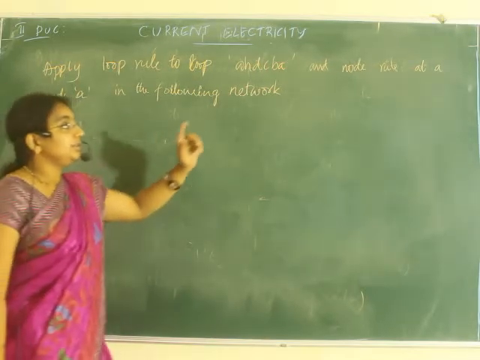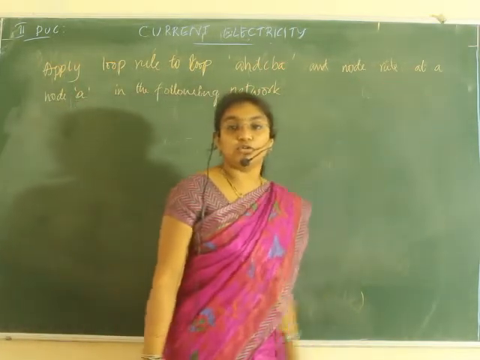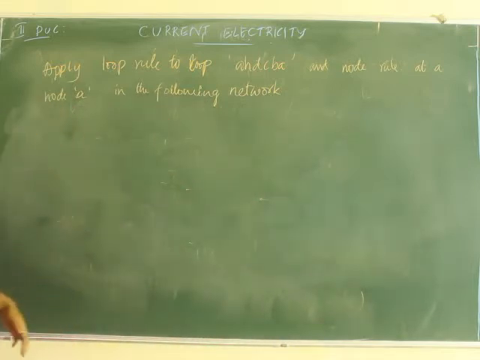See, I think you understood which is node rule. KCL or junction rule is also called as node rule.